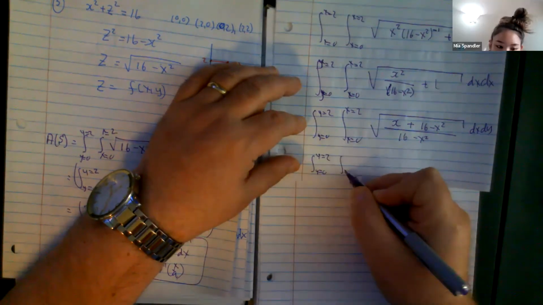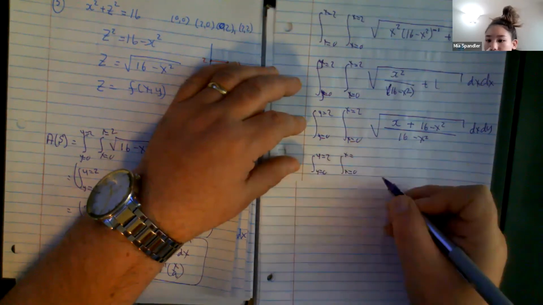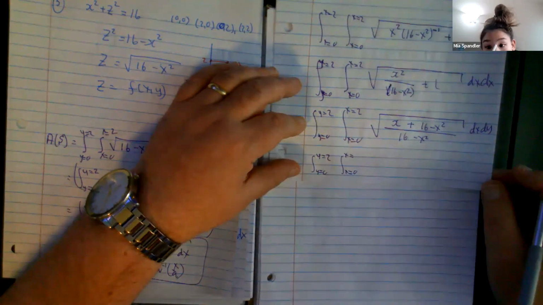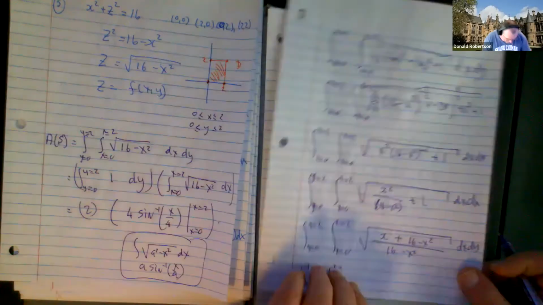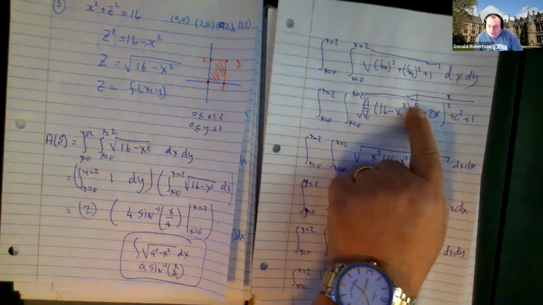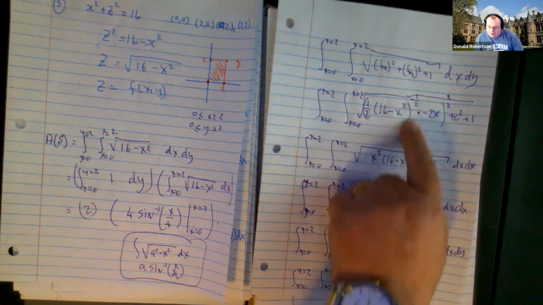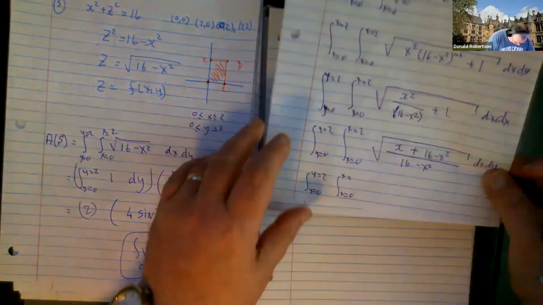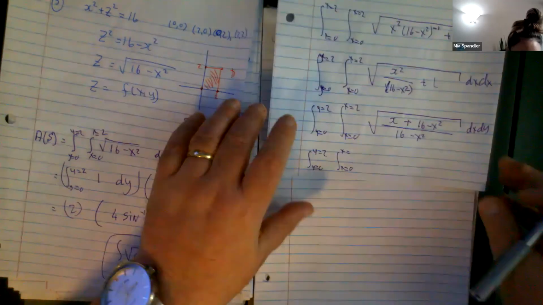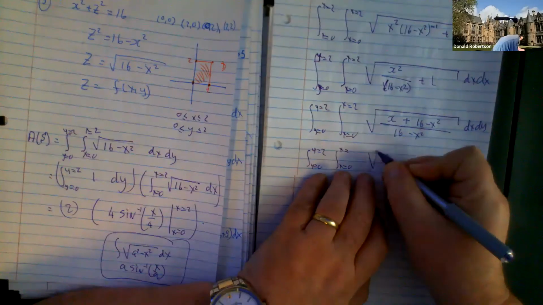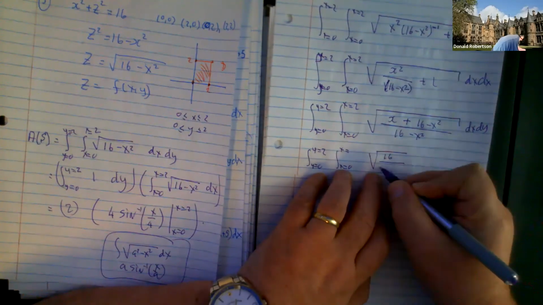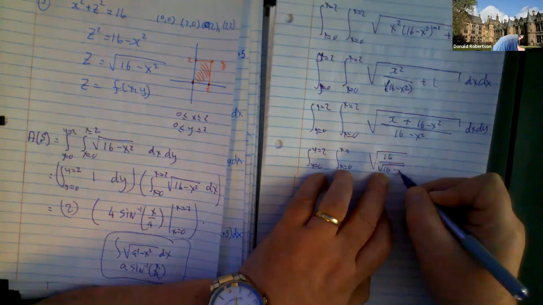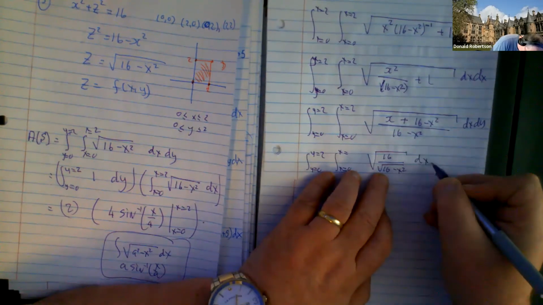Professor Robertson, isn't the 16 minus x squared a square root on the bottom? Yes. It would have been originally, but then I squared it. And so it's now that, and so it is a pure negative 1, but it is worth mentioning based on past experience. Right, now this guy becomes 16 over the square root of 16 minus x squared, dx dy.